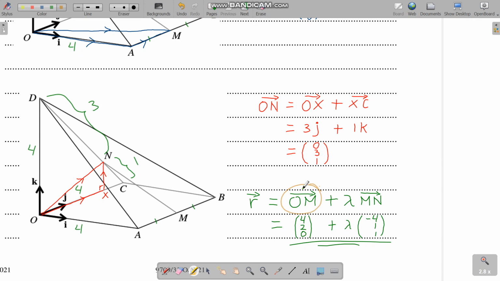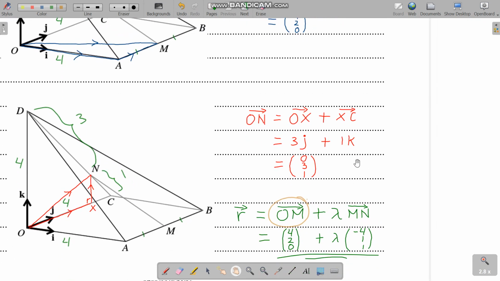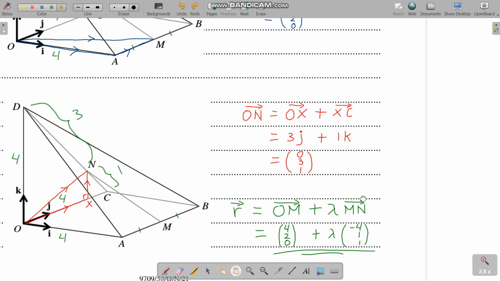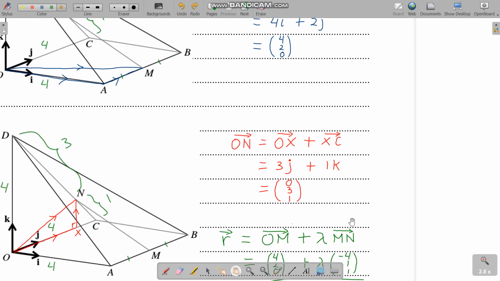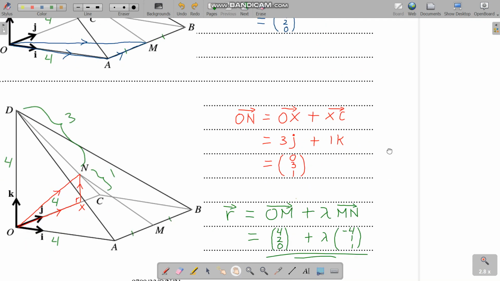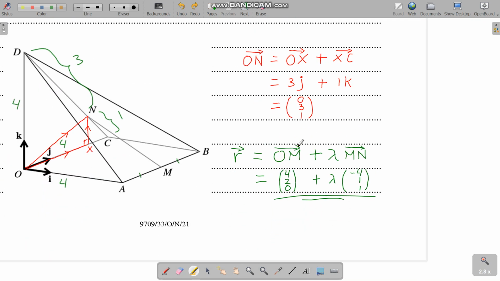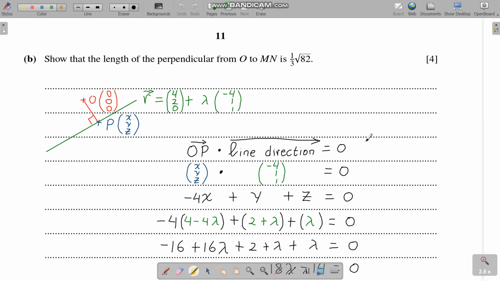So for the coordinates of M, previously we know it's 4, 2, 0, and for the MN means the coordinates of N minus the coordinates of M. So we subtract 0 minus 4, 3 minus 2, 1 minus 0, we get this line direction vector. Again, we can use ON instead, and we can use NM instead, and it's also correct.